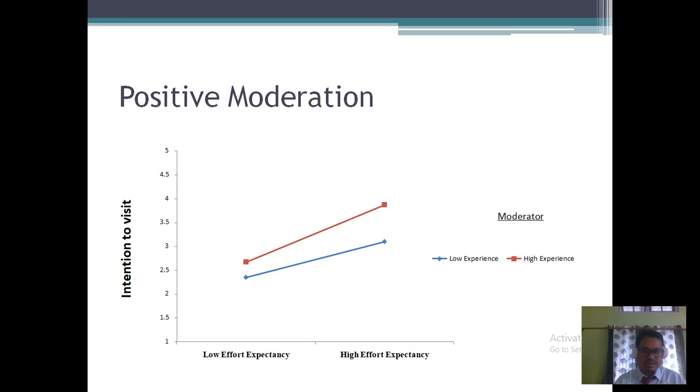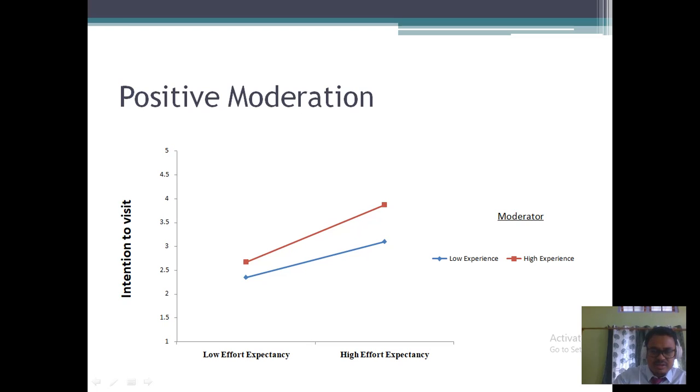For instance, we have a direct relationship between effort expectancy and intention to visit. However, the relationship between these two variables can be moderated by a third variable which is known as experience. That is, if a person has experience of using computers or social media like Facebook and Instagram or other technological devices, then the strength of the relationship between tourist intention to visit and effort expectancy increases.